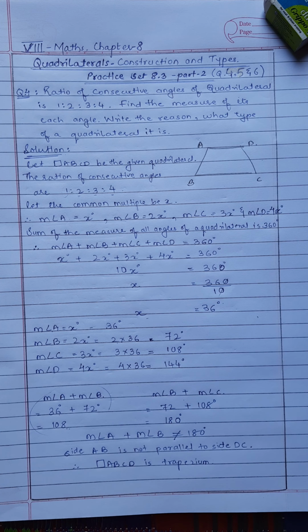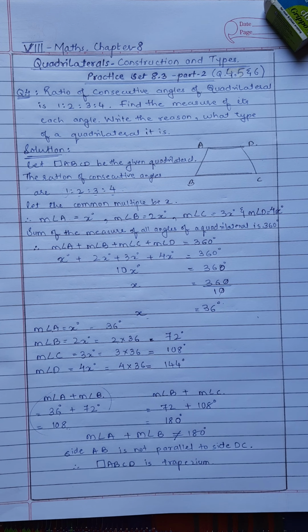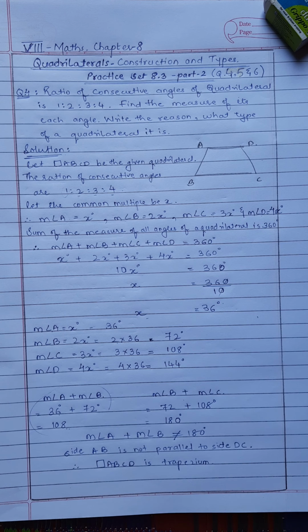How? Because one pair of opposite sides of a trapezium is parallel and another pair of opposite sides of a trapezium is not parallel. So in this way, this quadrilateral is a trapezium.